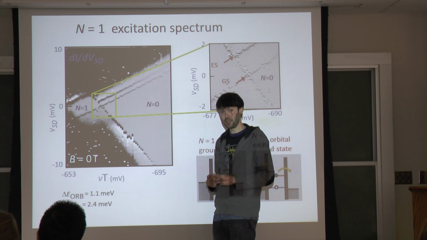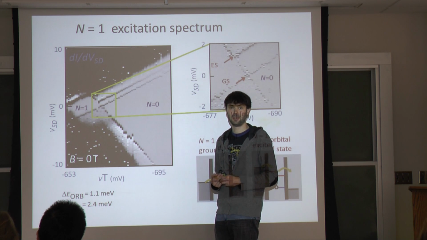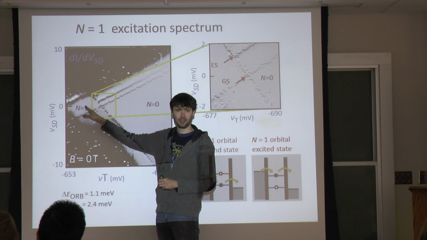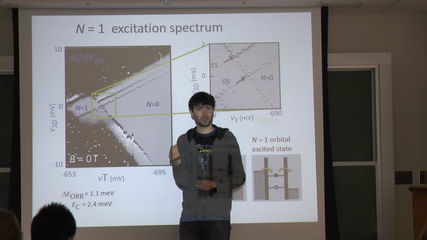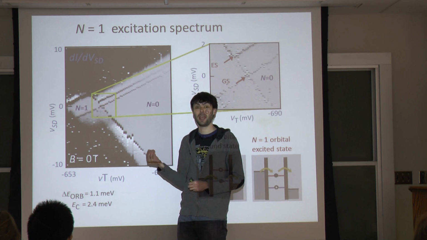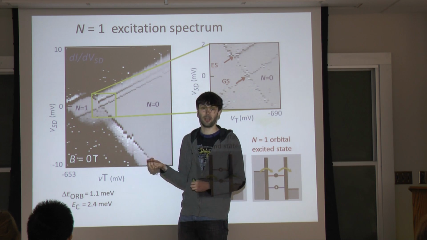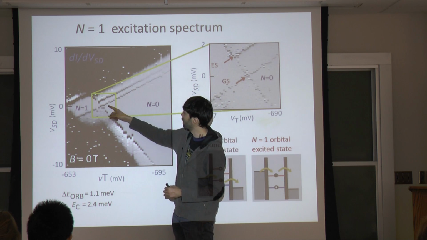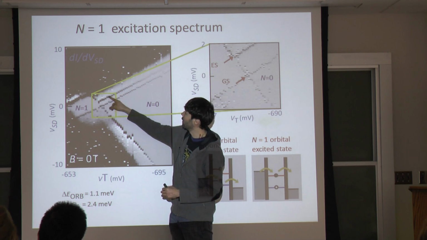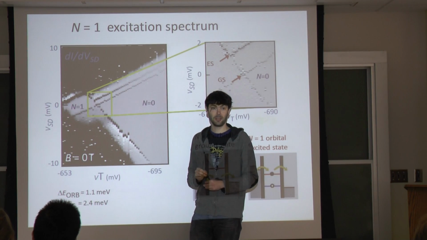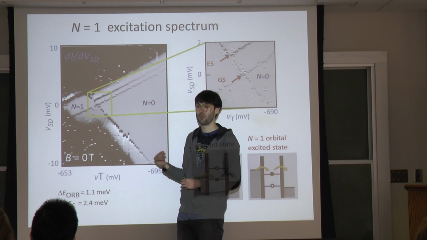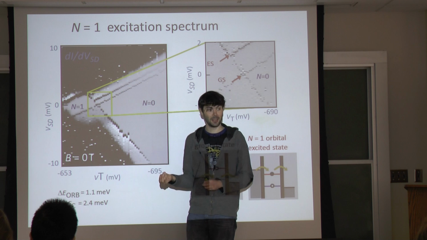You can also use spin states to convince yourself that this is the last one. Because if this dot is empty, now by adding 1 electron to the dot, I am adding 1 extra spin. And then the excited states of that spin should behave as excited states of a spin 1/2 particle. So for example, here, remember the lines that run parallel to the diamond edges, those are, in quantum dots, the excited states. They could be orbital excited states, they could be spin excited states.